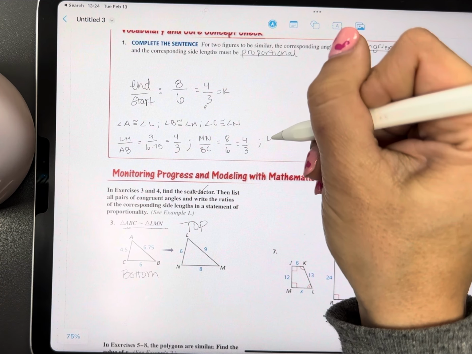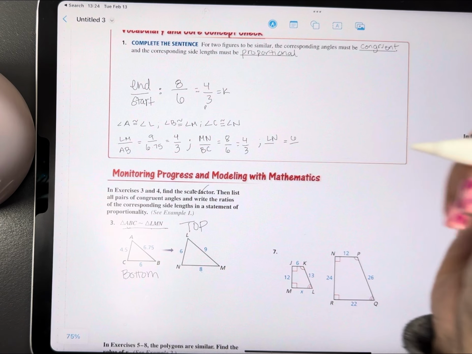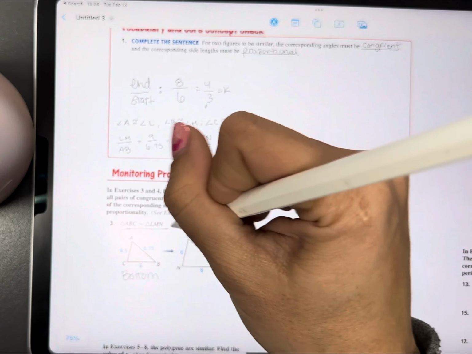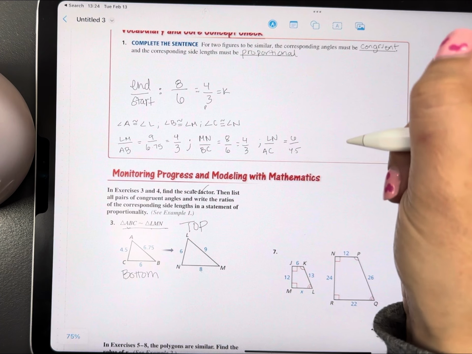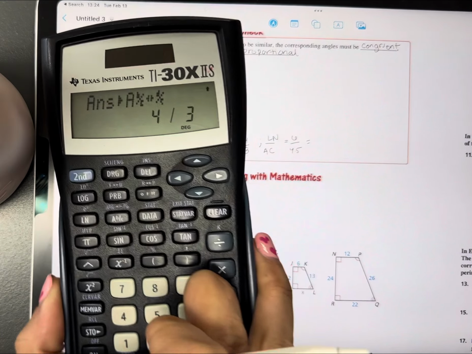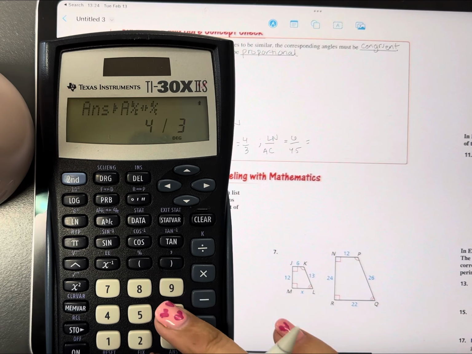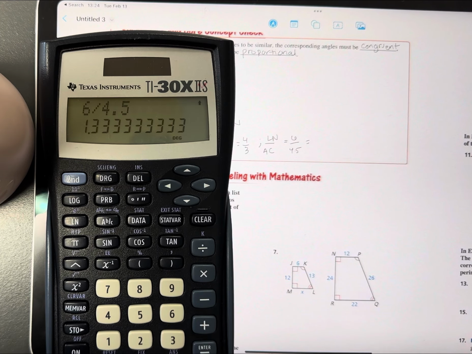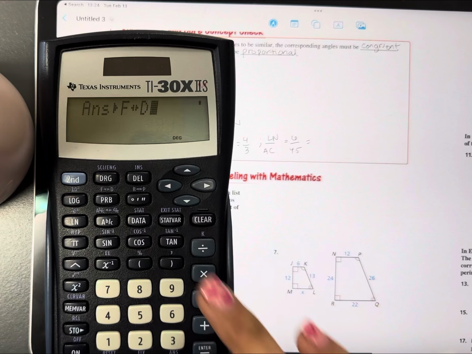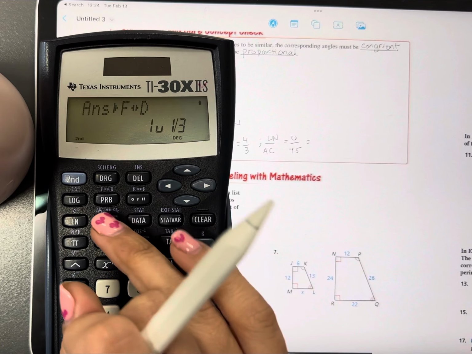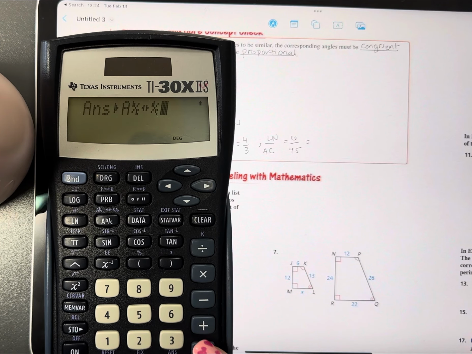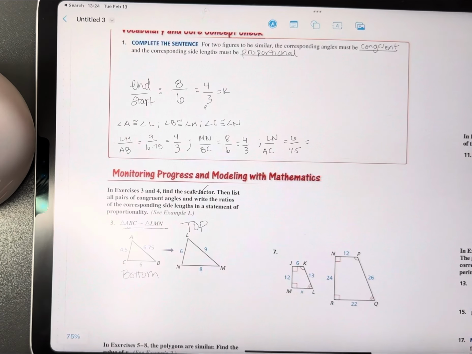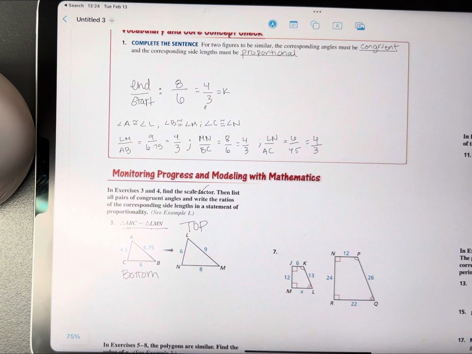LN is 6 to AC, which is 4.5. And then I'm going to check it just to check it, but it's going to be the same. 6 divided by 4.5 is going to be 1.333, which if we turn into a decimal is 1 1/3, which if we say, hey, we like improper fractions better, it'll tell us 4/3. Okay. All right. That's that.